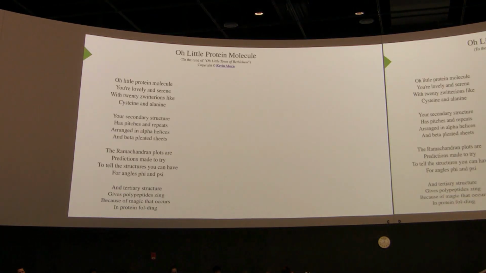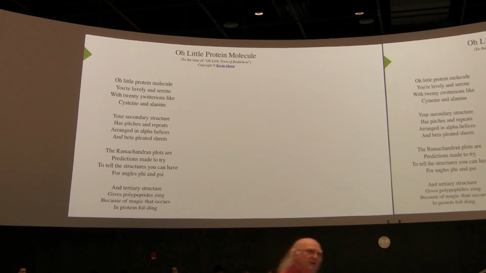Oh, little protein molecule, you're lovely and serene, with 20 Zwitter ions like cysteine and alanine. Your secondary structure has pitches and repeats, arranged in alpha helices and beta pleated sheets.